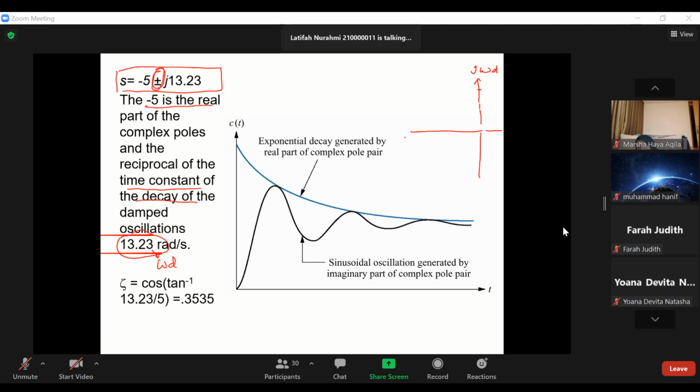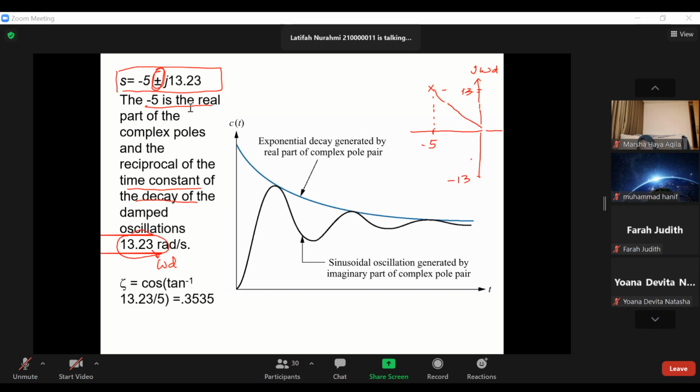You know that this is minus 5, and here is 13, positive and negative. There are 2 poles. So here is our pole, and here is our omega n.